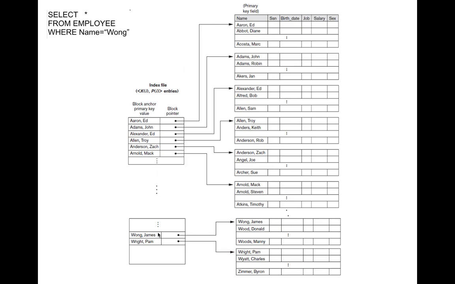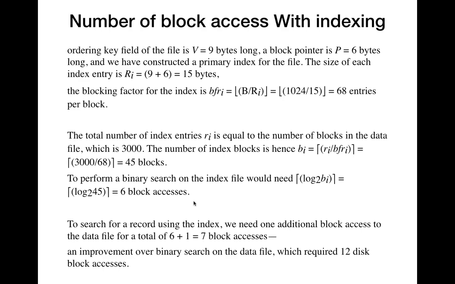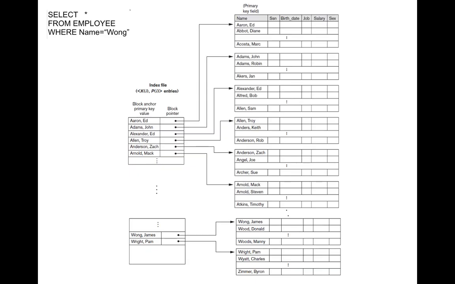So 6 block accesses over here plus 1 to reach over here makes 7 block accesses. Still it is worthy, because without indexing we had to do 12 block accesses. Now we just require 7.